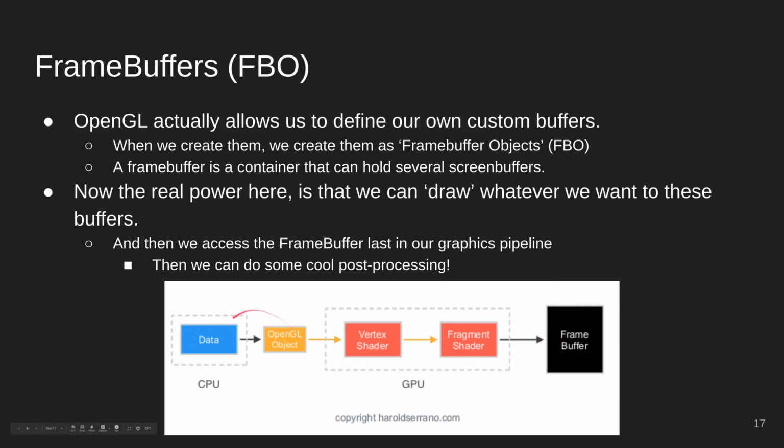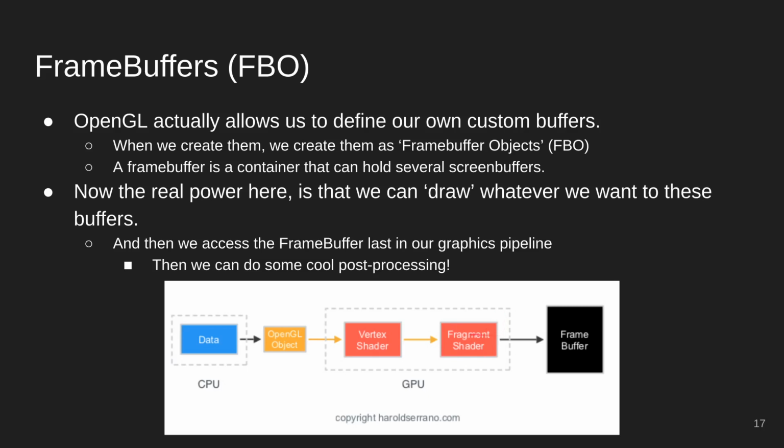So here's our pipeline. We have some data loaded from the CPU, maybe loading up some object models, those .obj models, to be processed and rendered and so on. Then we have OpenGL here. Here's our API, which is going to process this data. We build our graphics pipeline with our vertex shader and our fragment shader.